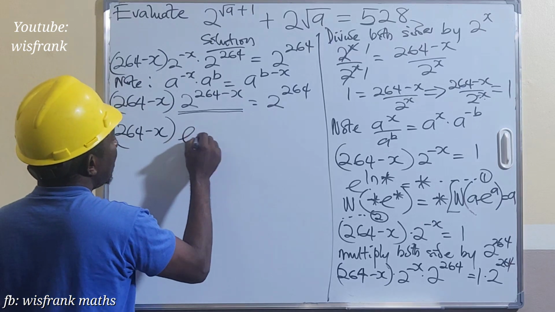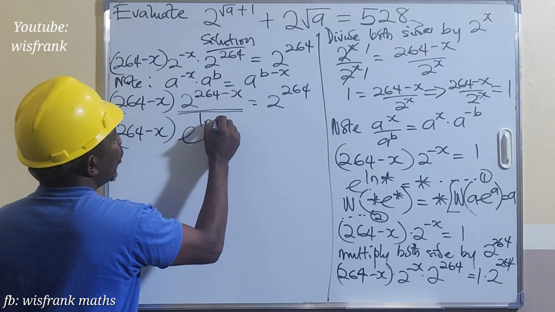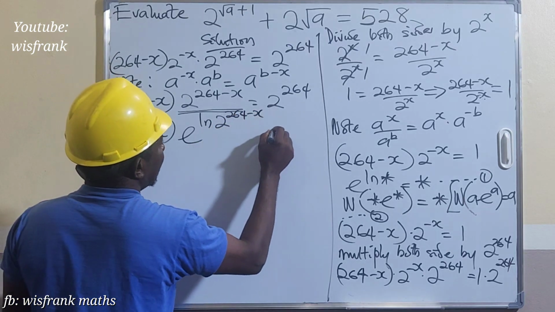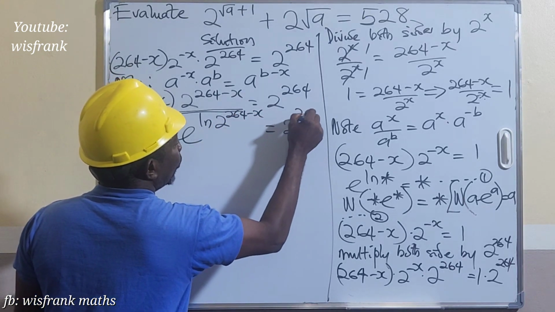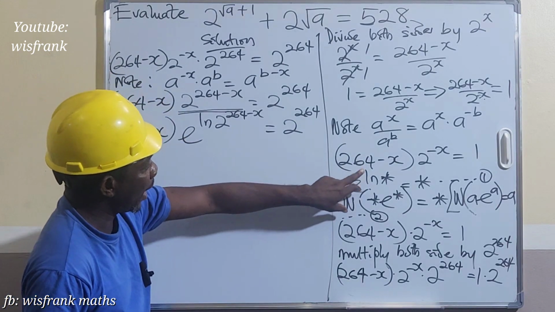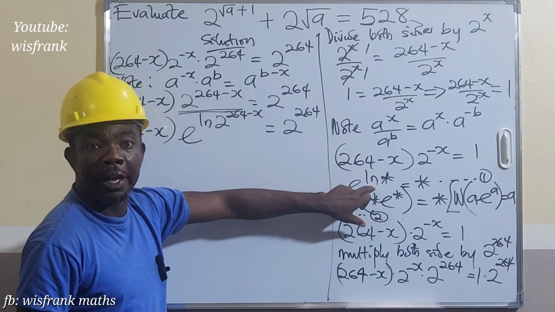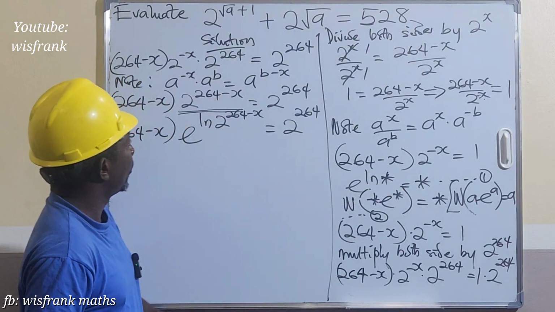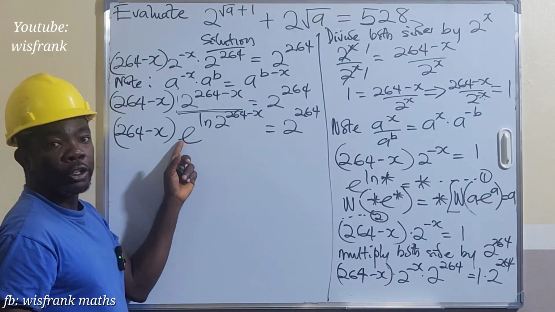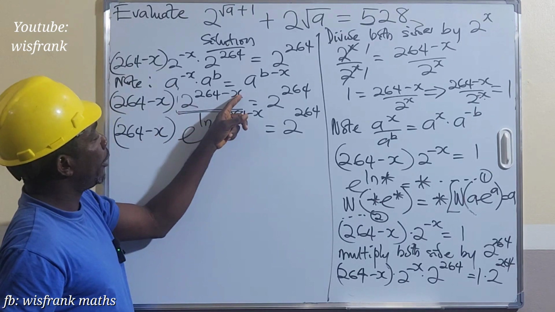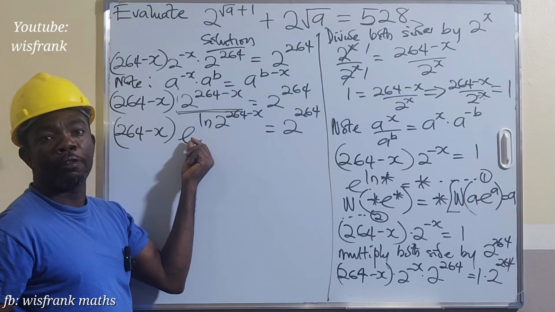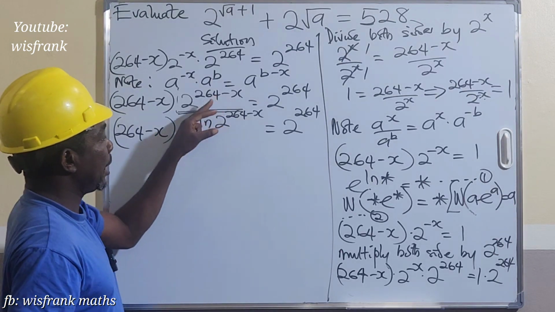Then we put e to the power of ln of 2 to the power of 264 minus x, equals 2 to the power of 264. I can explain this. We recall that e to the power of ln of star gives us star. We are taking this, so we bring in e to the power of ln of the whole of here, and it becomes this. That is why we bring in e to the power of ln of that. It's still the same thing.